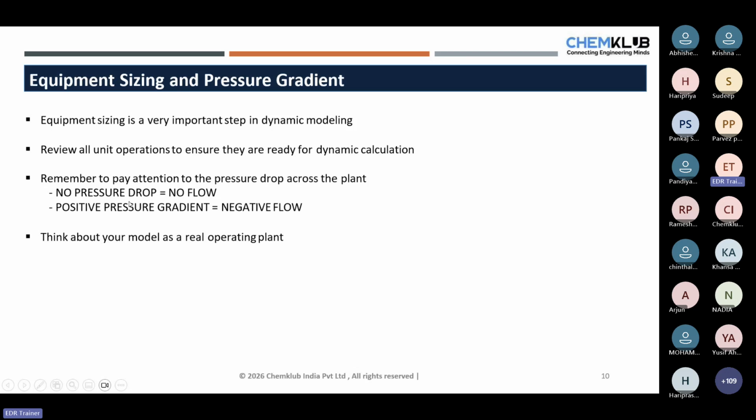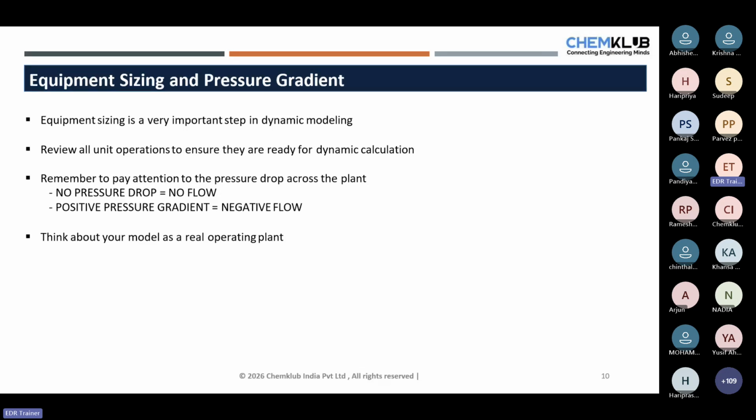So remember to pay attention to the pressure drop across the plant. No pressure drop, no flow, and a positive pressure gradient is equal to negative flow. That means when you are carrying out the steady state simulation, there is no chance that it will have a negative flow. Whereas in the dynamic simulation, it is possible, and it is also reflecting what is happening in the plant.